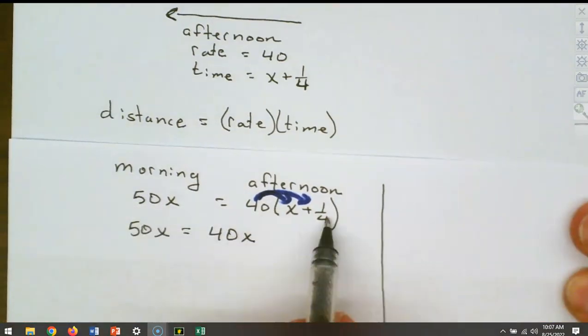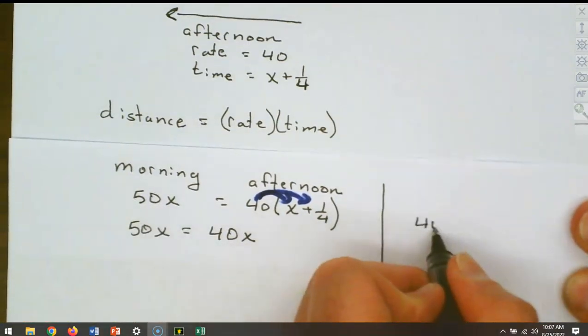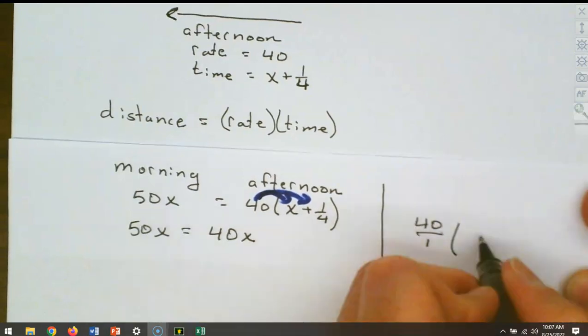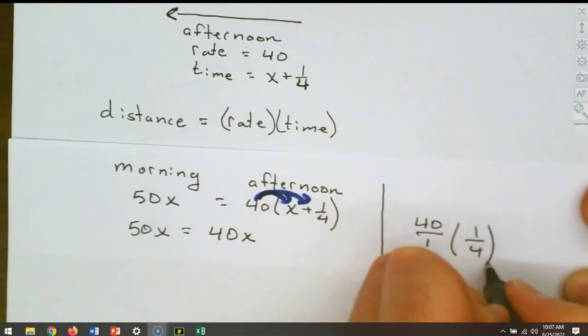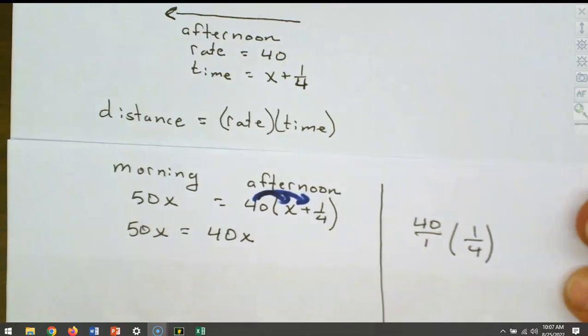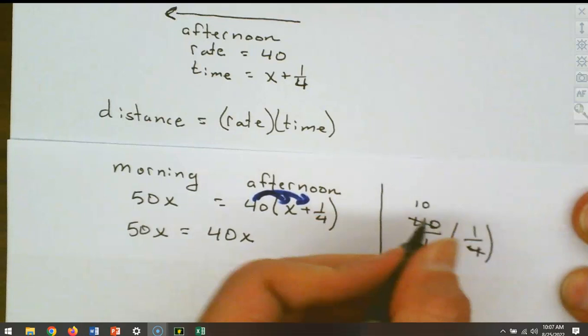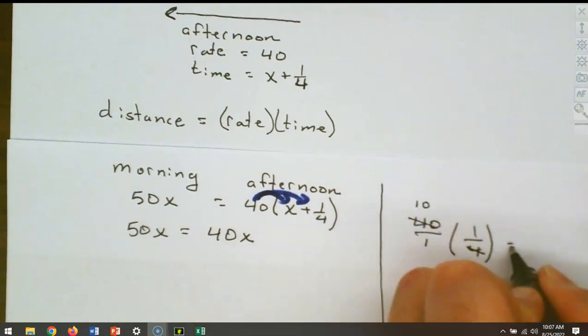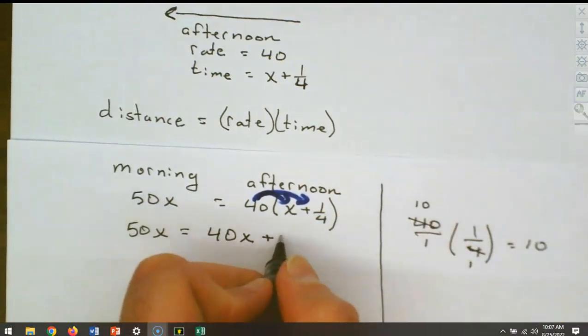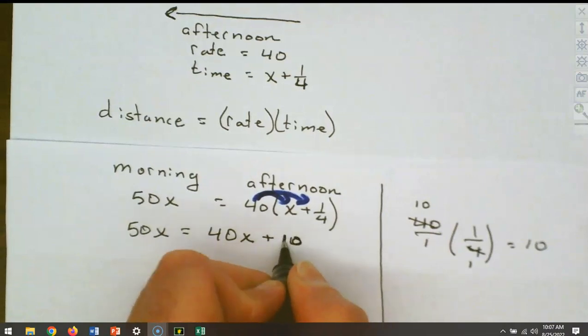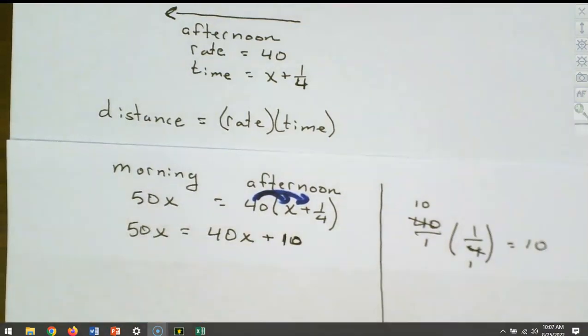If you struggle with these fractions, just write them out. So that's 40 over 1 times 1 over 4 here. Okay, and we can cancel. So that 40 and that 4 cancels out, and that leaves you with a 10 and a 1. So that means then we have 40x plus 10.